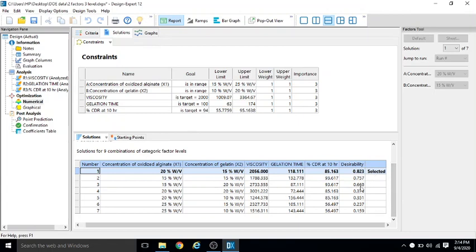There are other formulations also, but the desirability is maximum here. Okay, so the use of this numerical optimization is that you may not get the identical values, but this software will give you a combination which may have responses near to what you have selected, and it also shows the desirability.